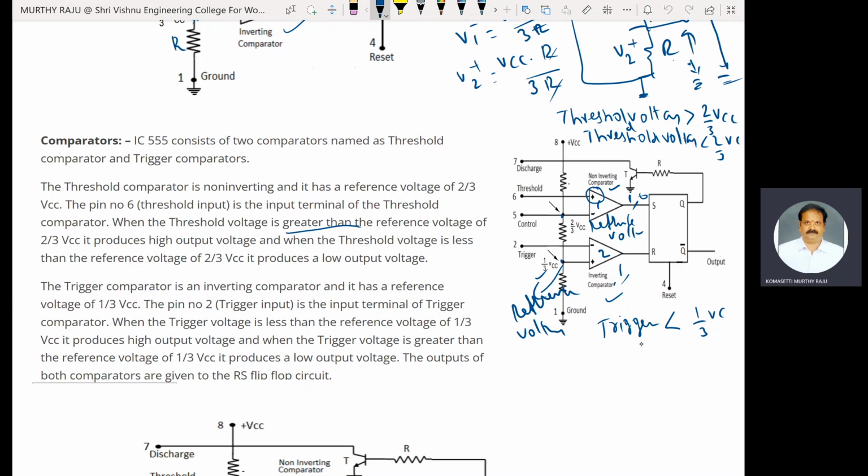Therefore, 1/3 VCC is greater than the trigger, so the inverting comparator output is 1.